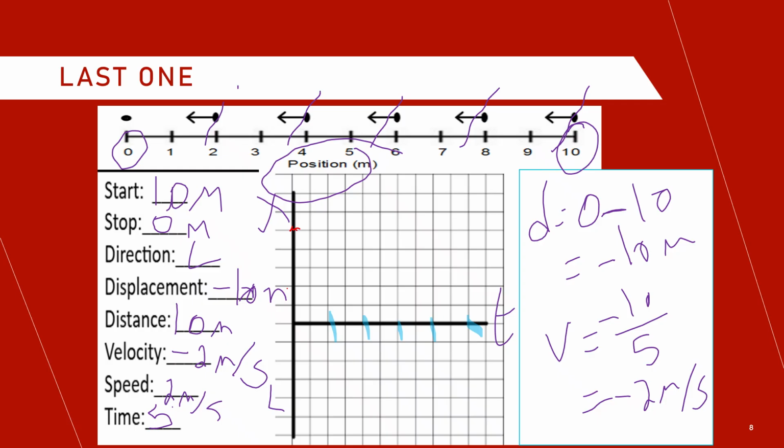At 10, at time 1, so in the first second over here, we went from 10 to 8. So in the first second, we were here. Okay. In the second, we went from 8 to 6. The third second, we went from 6 to 4.